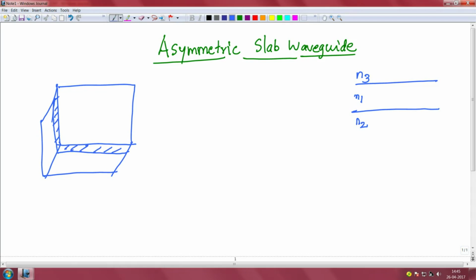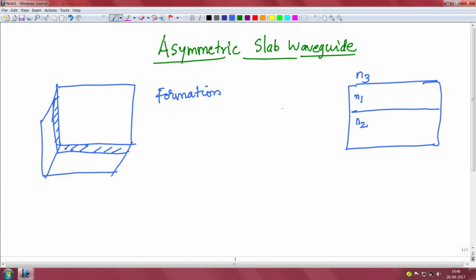And of course, the cross section, as we have noted, is like this. For example, we can form this by diffusing impurities into a glass substrate.